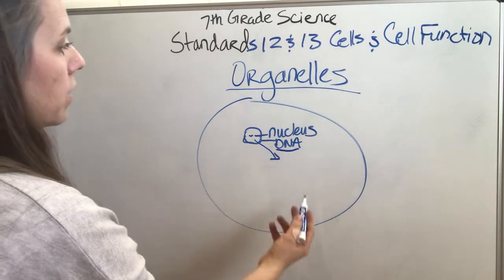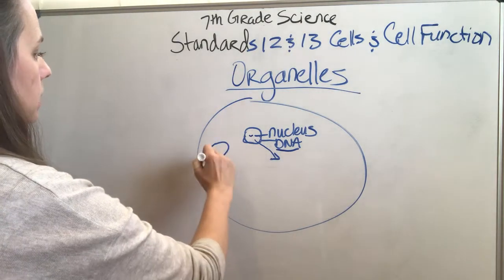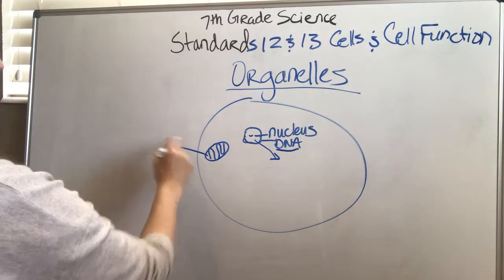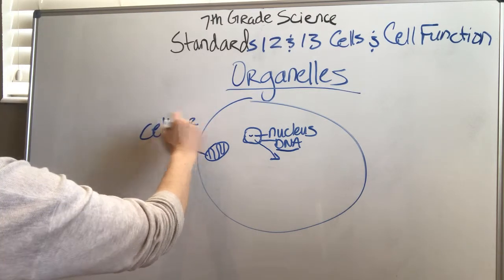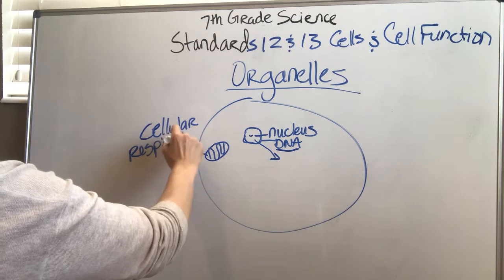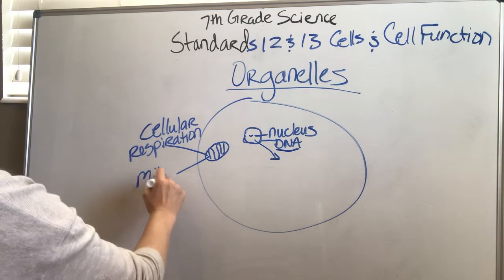So another organelle is the mitochondria. And inside the mitochondria, that is in charge of cellular respiration. That's its function. So I'm going to write mitochondria too, so we don't get mitochondria.